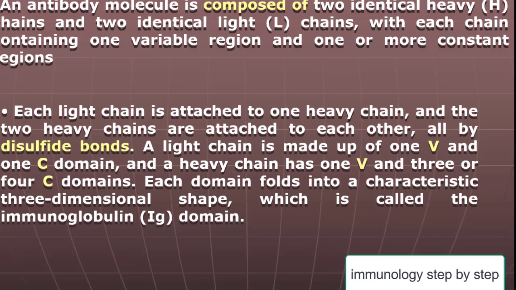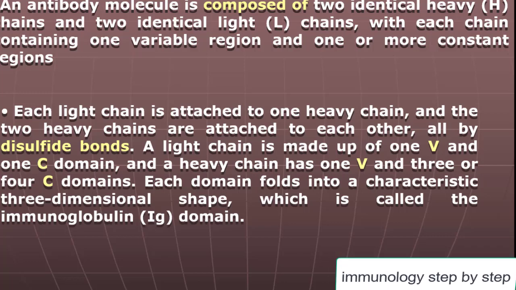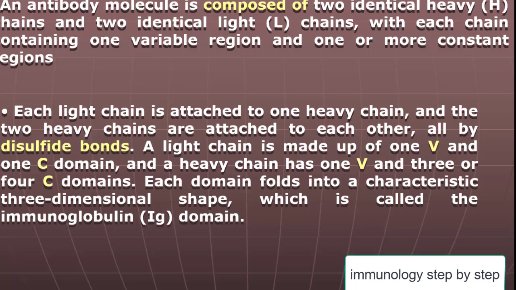Each light chain is attached to one heavy chain, and the two heavy chains are attached to each other, all by disulfide bonds. A light chain is made up of one V and one C domain, and the heavy chain has a V and 3 or 4 C domains. Each domain folds into a characteristic three-dimensional shape, which is called the immunoglobulin Ig domain.